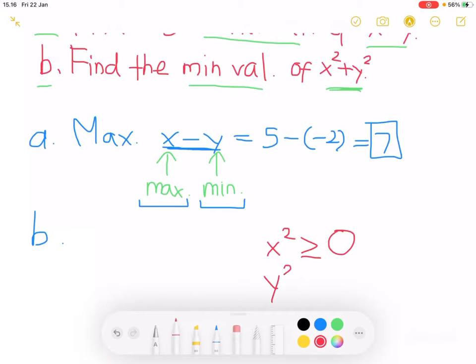Same thing for y right here. So what this tells us is we need to find some values of x and y that are as close to 0 as possible.